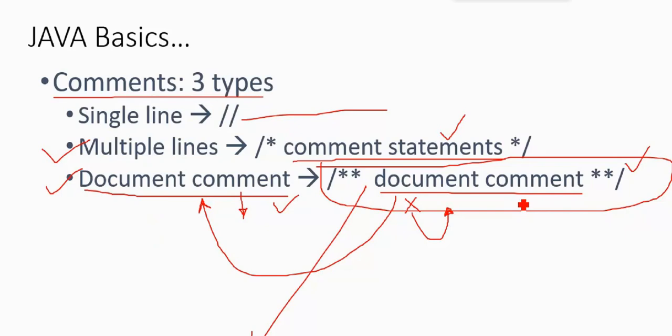Who has created it? I created it, so my name has to come. Then the date I created it, if I created it today, I will add today's date. Then what is the version? First version, I will give version number 1. Then I will give comments on input. What is the input for this class? What is the output for that class? Then which methods are available, and for what purpose is each method available? All that information we can put in the document comment.